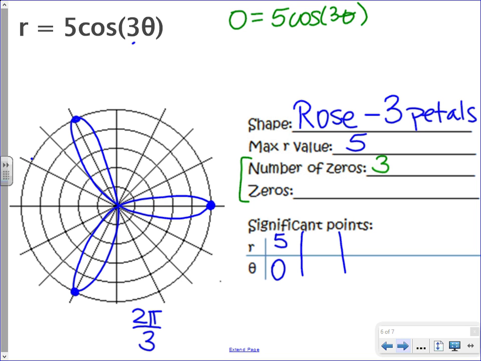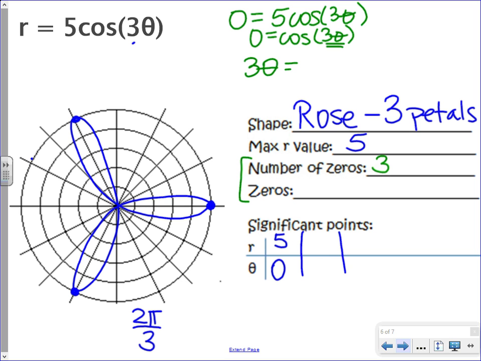Remember, zeros just mean that R is 0. And when we divide by that 3, we really want to know where the cosine of 3 theta is 0. Okay? You now appreciate chapter 5. Chapter 5 is helping you with all of these zeros. So, we want to know where the cosine is 0 and our angle is 3 theta.